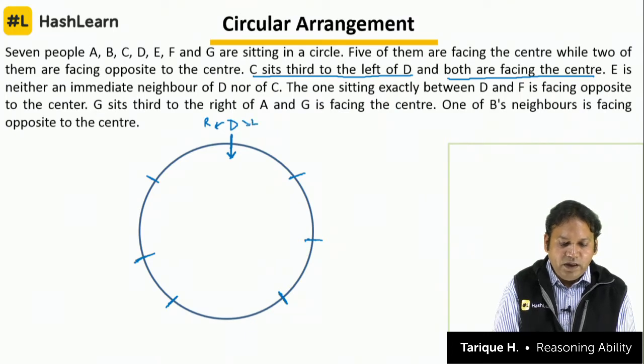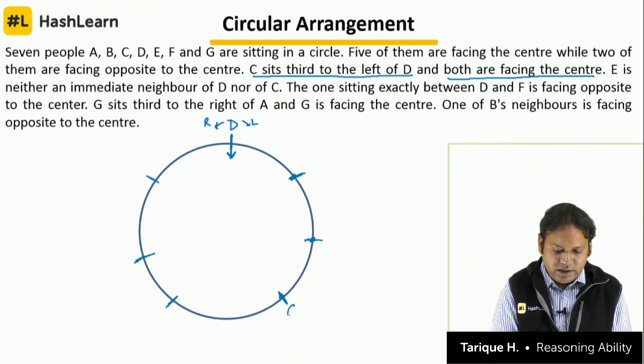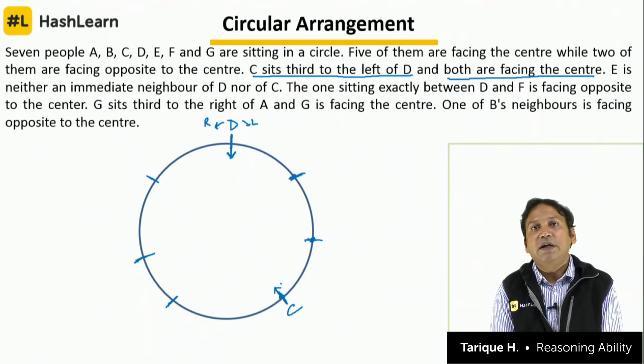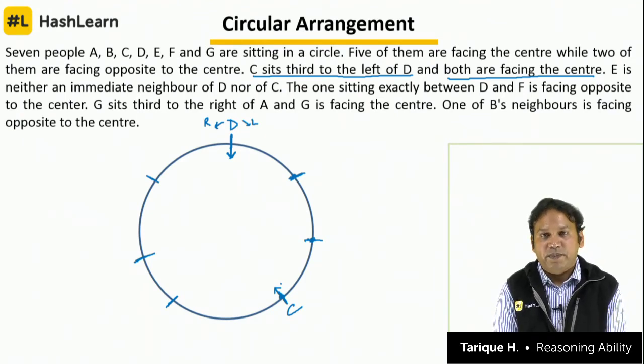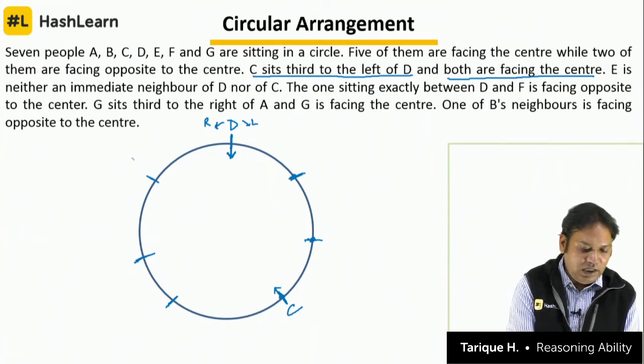Okay. So 1, 2, 3. So we will say that C is here and C is also facing towards the center. Clear? Both are facing the center. So C sits third left of D and both are facing the center. E is neither an immediate neighbor of D nor of C, so E will not be here.